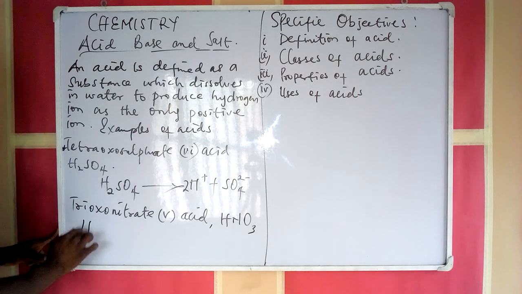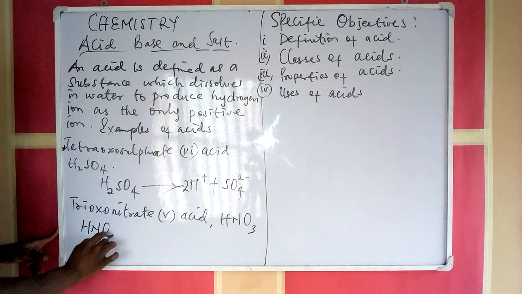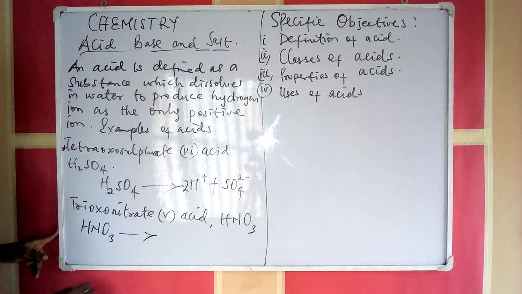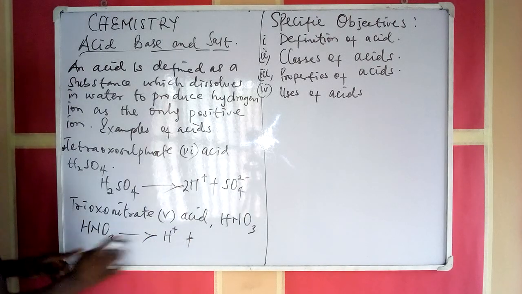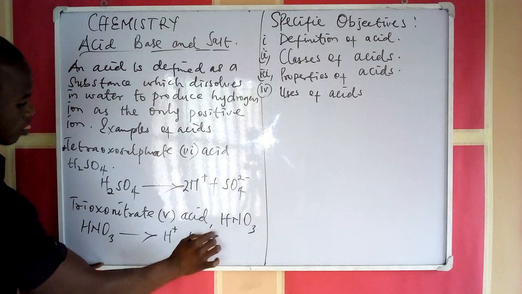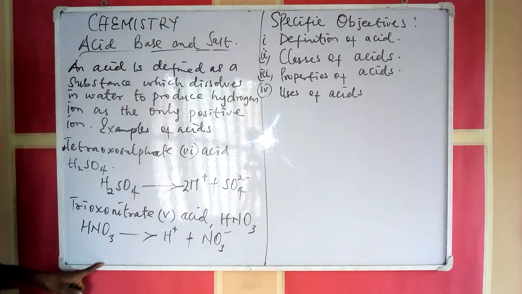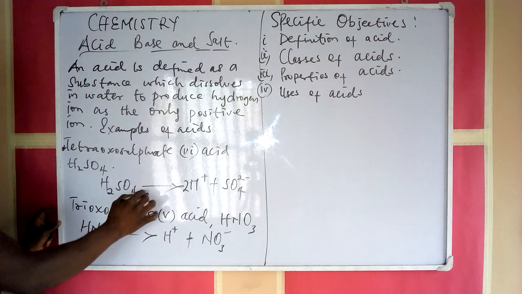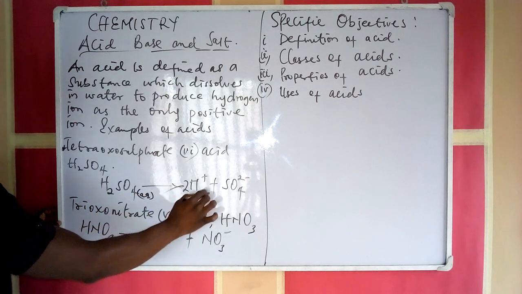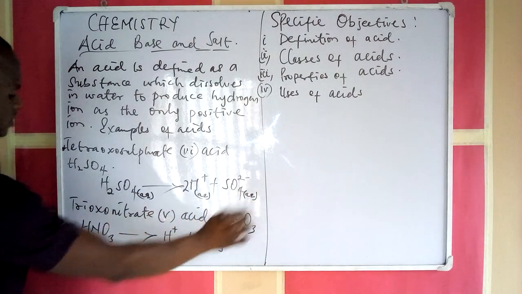If we do that, we have HNO3 ionizing to give us H plus and NO3 minus. Check whether it is balanced or not. Don't forget, this is aqueous, this is aqueous, and this is also aqueous.